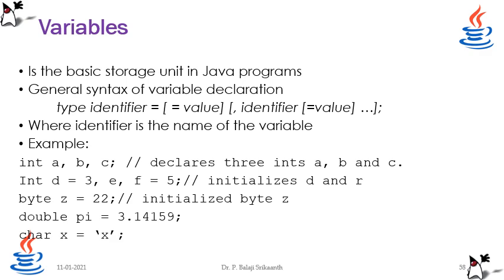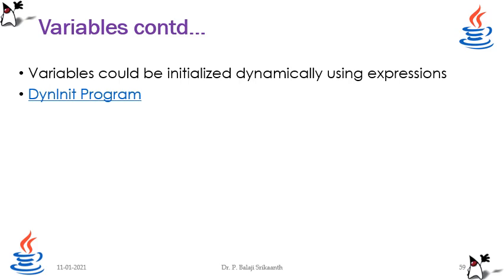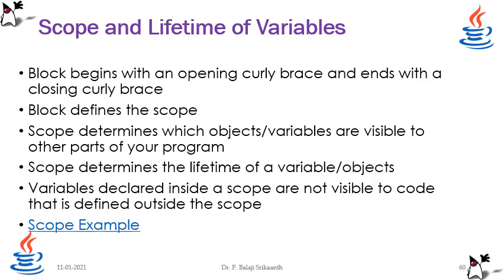The general syntax for variable declaration combined with initialization is given here, and if you look at the example, it might be clear. int a, b, c; int d = 3, f = 5. Here it is a combination of both declaration as well as initialization at the time of declaration itself. Variables could be initialized dynamically using expressions also.